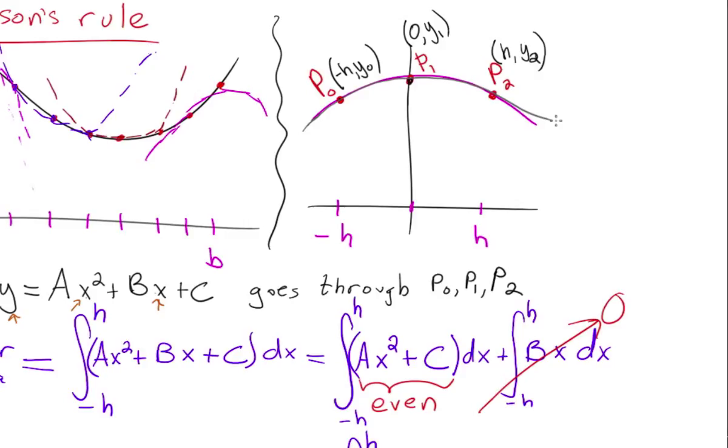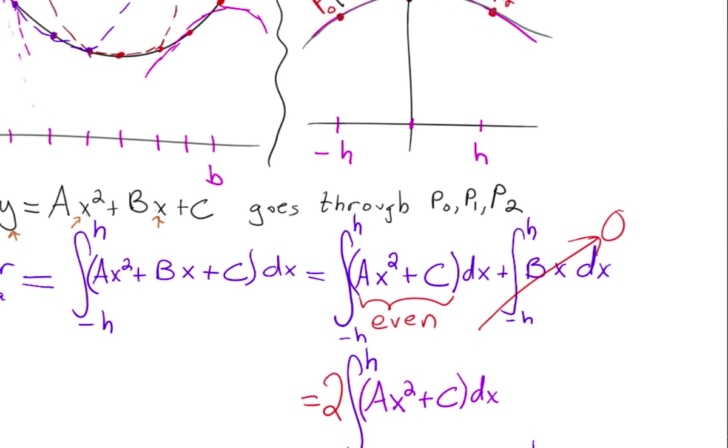We don't know what those constants a, b, and c are, but we find the area under the curve in terms of a, b, and c. And so we simplify, and we get the area under the parabola.